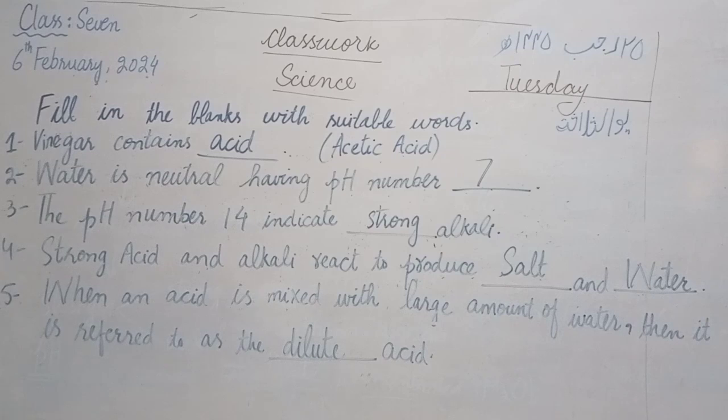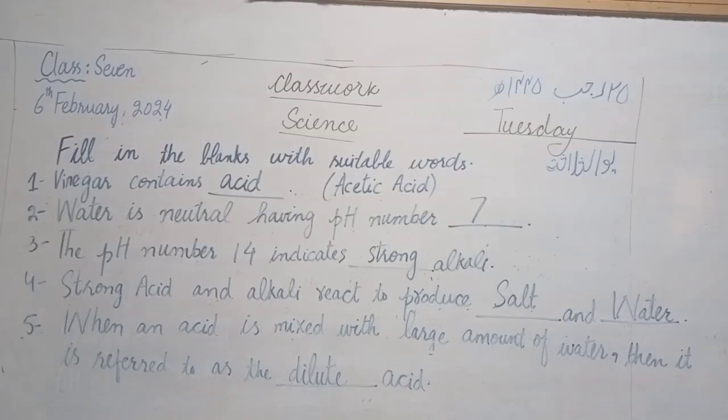These are the statements for blanks. First one, vinegar contains dash acid, that is acetic acid. You should know about it. Second statement, water is neutral having pH number 7. Third statement, the pH number 14 indicates strong alkali.